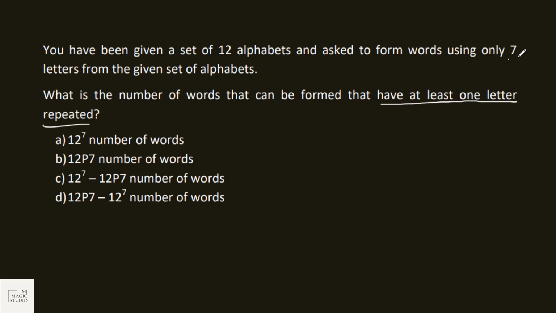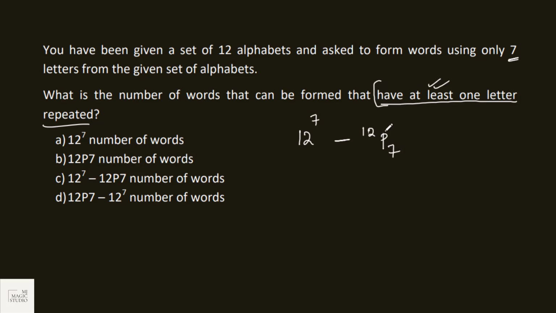Okay, we need a 7 letter word. With repetition allowed, it would be 12 to the power 7. Minus all the words where not a single letter is repeating. That would be repetition not allowed, which would be 12P7. This is a special concept.